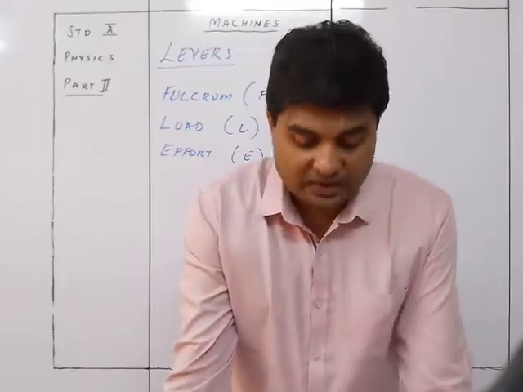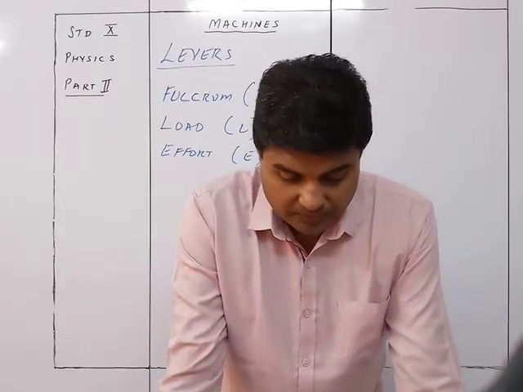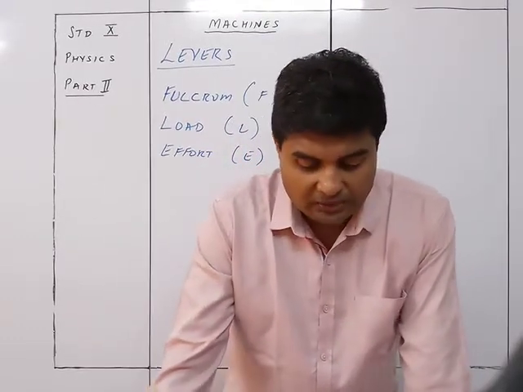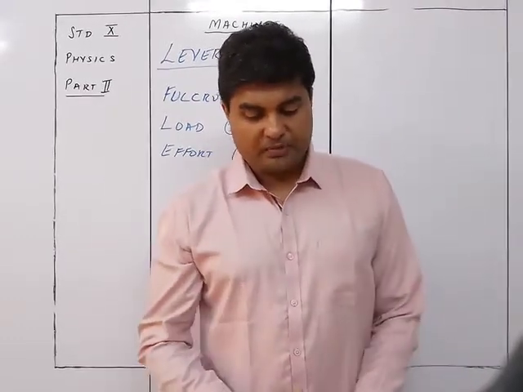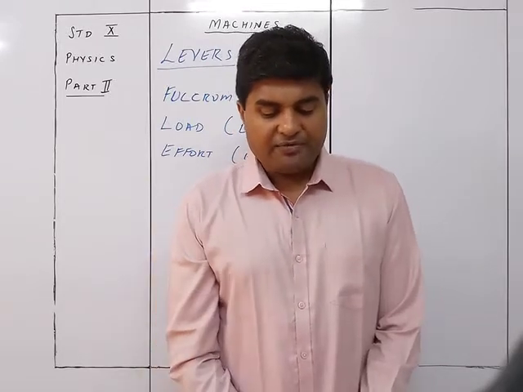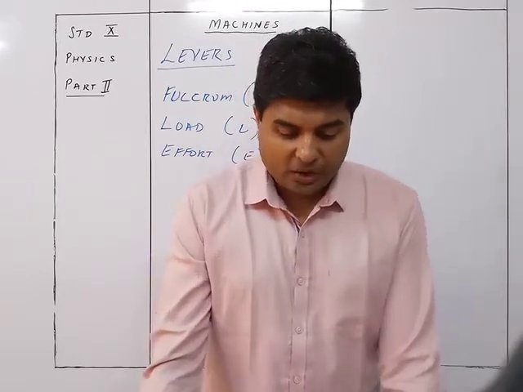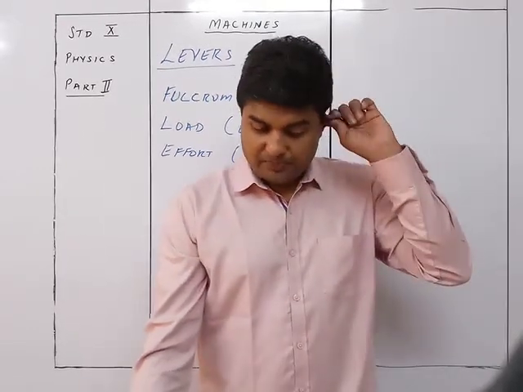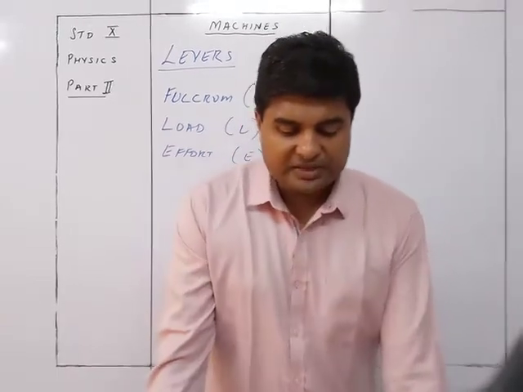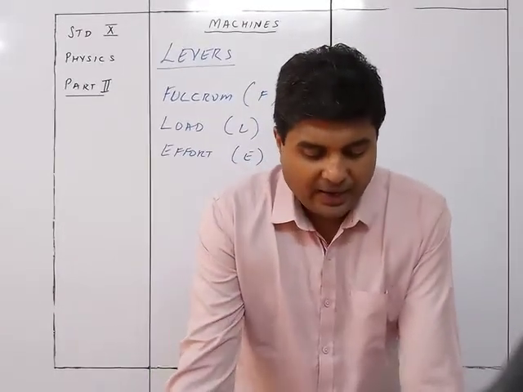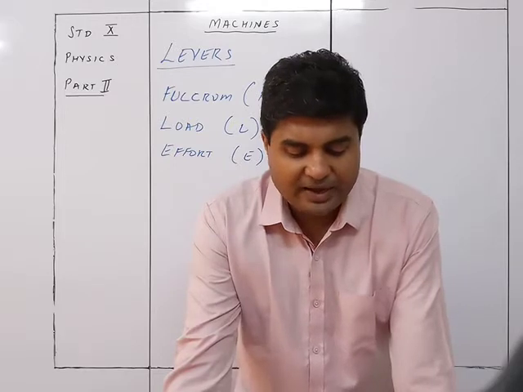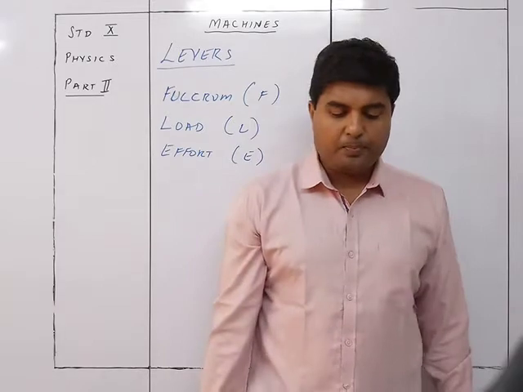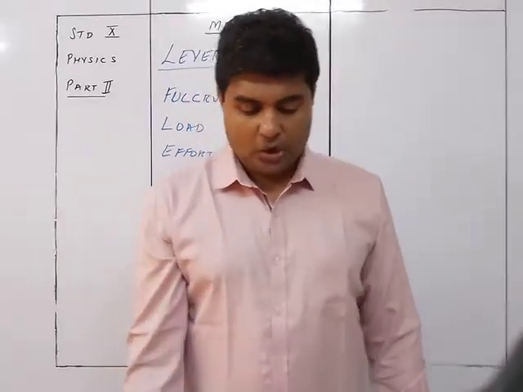Now the principle of the lever, the mechanical advantage of the lever. Figure 3.1 shows a lever of a straight rod AB with a fulcrum at F. An effort E applied at the point A of the lever overcomes a load L at the point B. From the fulcrum F, the distance FA to the point A at which the effort is applied is called the effort arm, and the distance FB to the point B at which the load L is applied is the load arm.